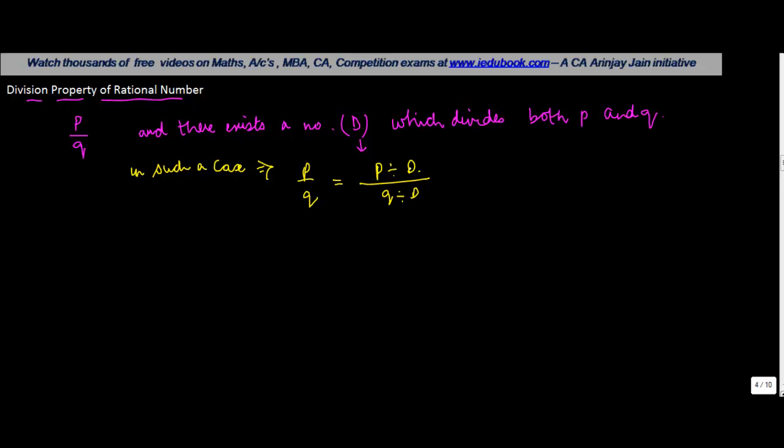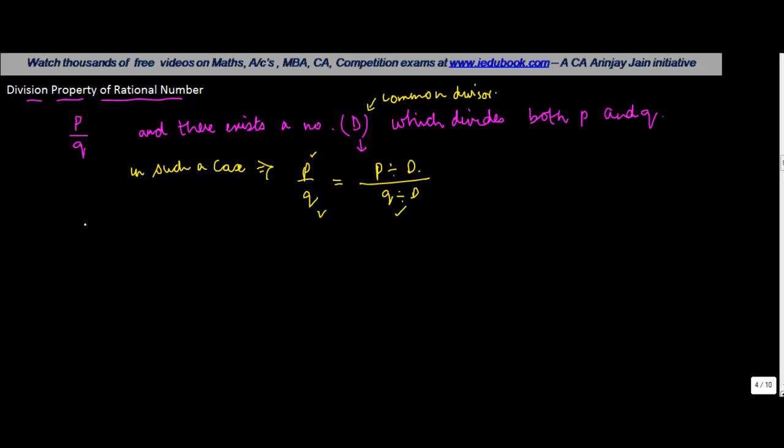So what happens here, when you divide both the numerator and the denominator of a rational number by a common divisor, d is what? D is nothing but a common divisor, something which divides both p and q. Okay, then whatever is the result remains unchanged.